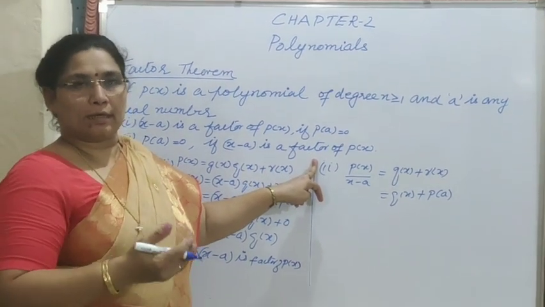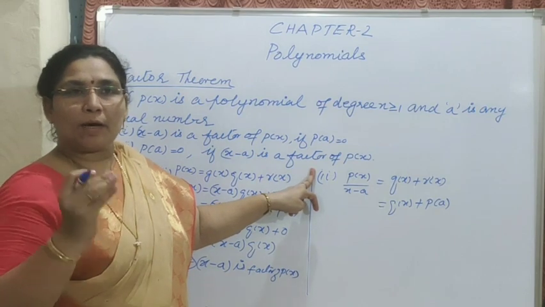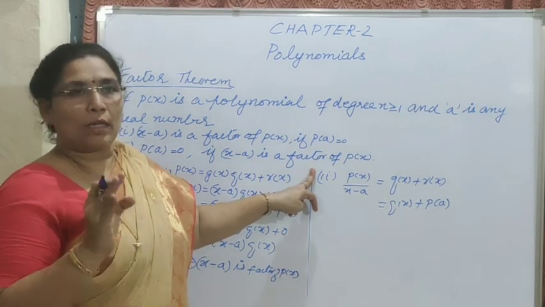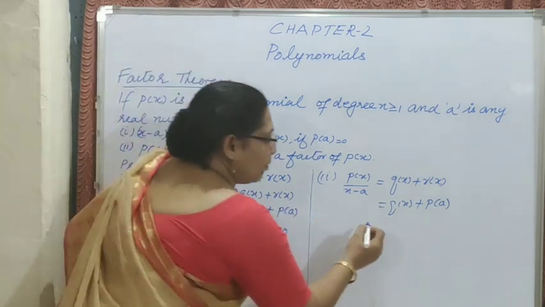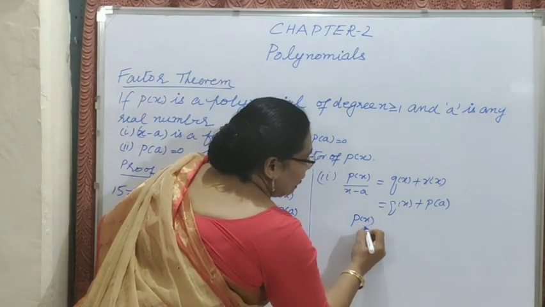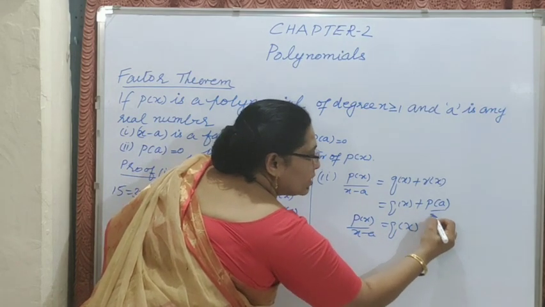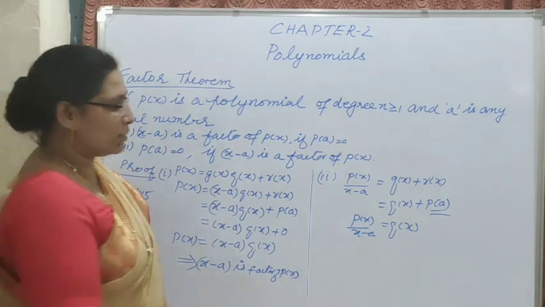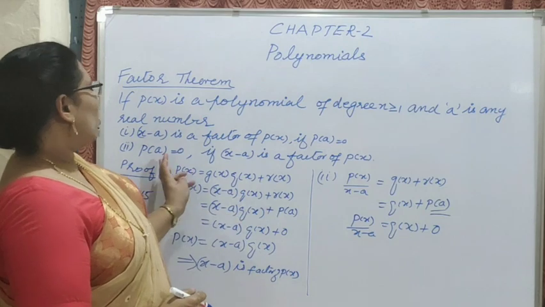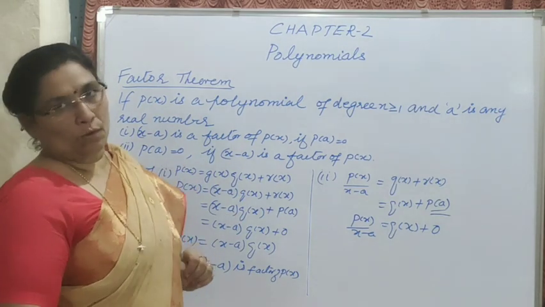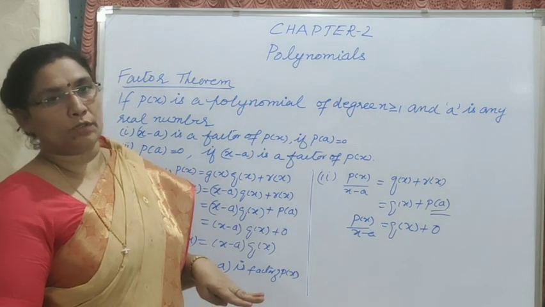In lower classes we studied that when a number is divided by another number completely, or the number is a factor of the other, then there is no remainder. That means p of x divided by x minus a equals q of x. The remainder is 0 only, because complete division is possible. So we get p of a equals 0. So if x minus a is a factor, then you will get p of a equals 0.